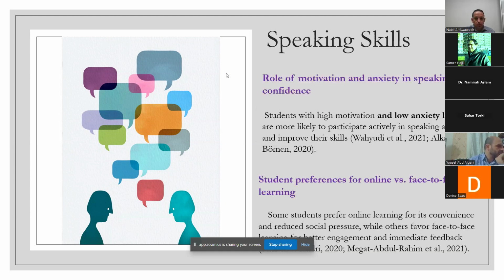On the other hand, some scholars say that since students do not feel anxious in online learning, they feel more relaxed and are comfortable talking to their classmates online, because in the presence of a teacher they feel anxious and shy to speak. However, in online learning they do not feel shy and anxious, and they tend to speak more.